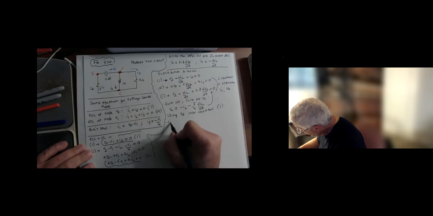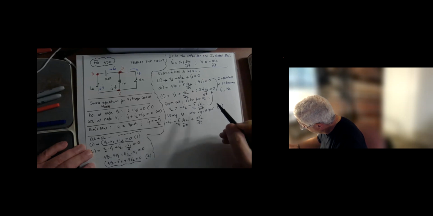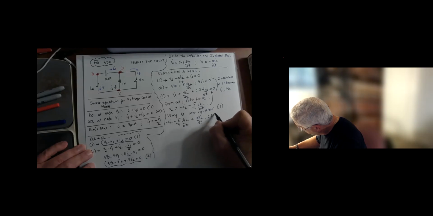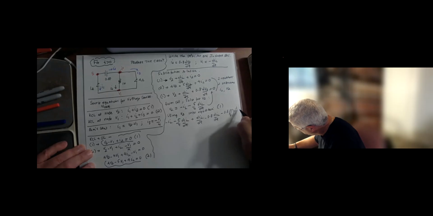I get minus IL minus 5/4 dIL dt, okay, plus dIL dt, okay, plus 0.8 times the derivative of this thing, okay, so minus 0.8 times the derivative of IL with respect to t, okay, minus 0.8 times 5/4 times the second derivative of IL with respect to t squared. And that's equal to 0.